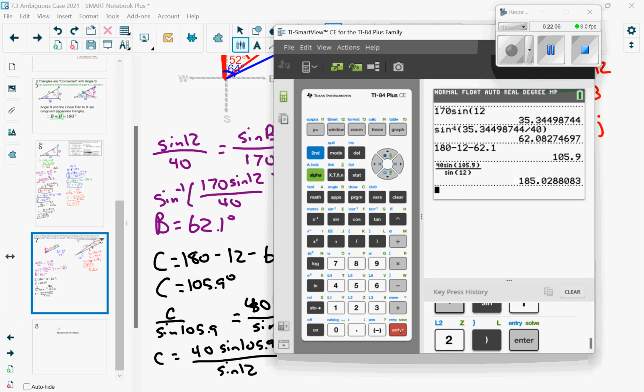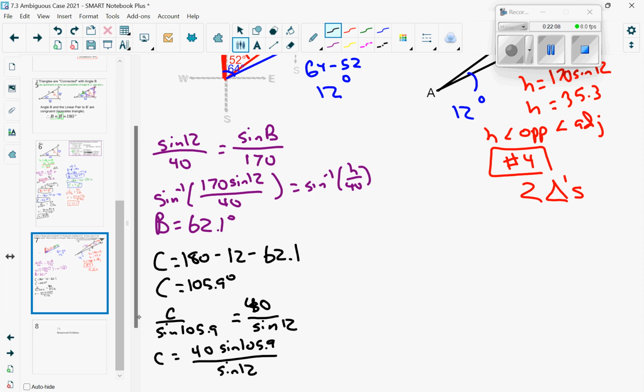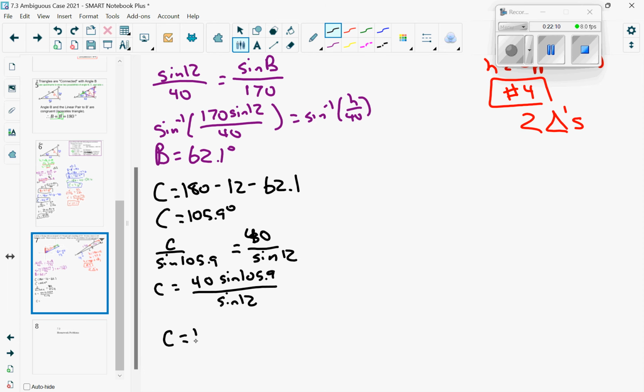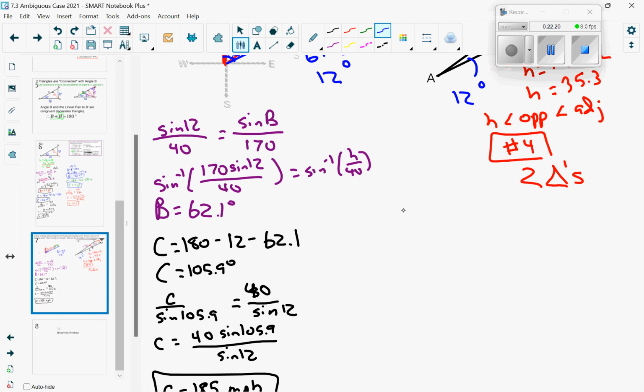And we get c is going to be 185 miles per hour. But remember that technically it creates two triangles, so I have to go through the second triangle. So remember that it would start with B prime equals 180 minus 62.1.